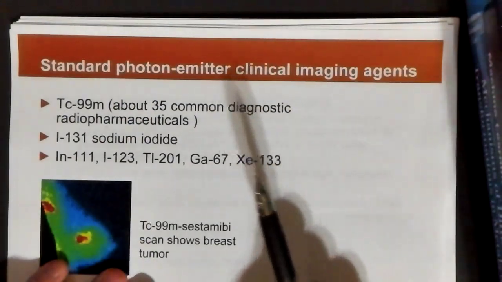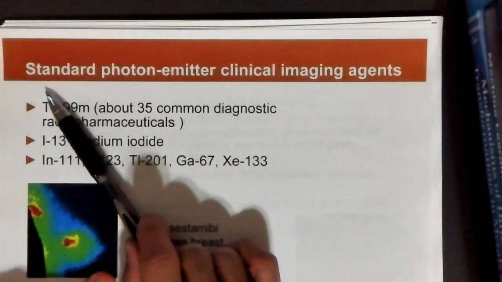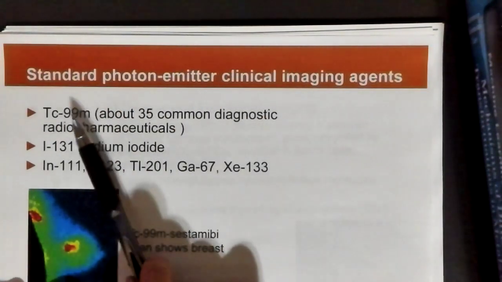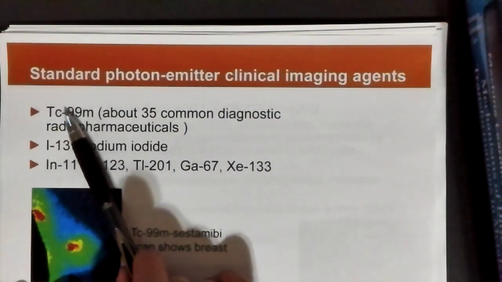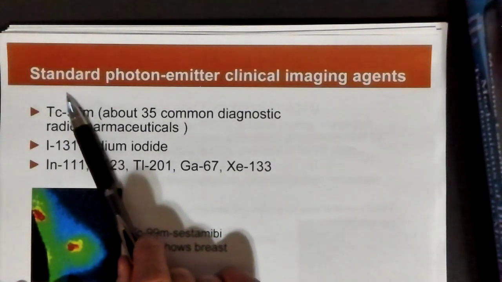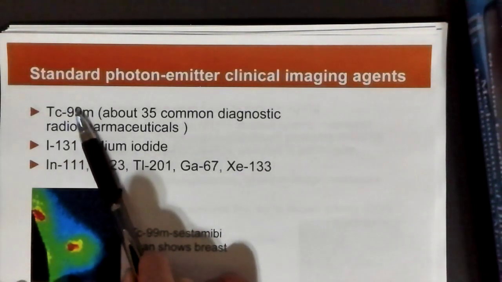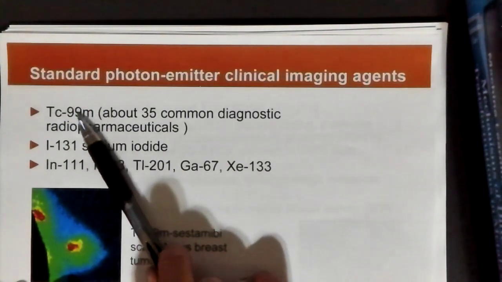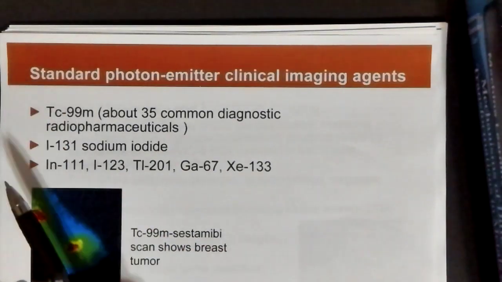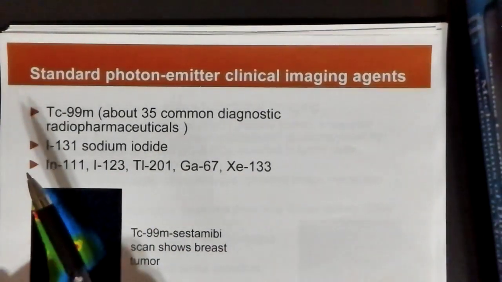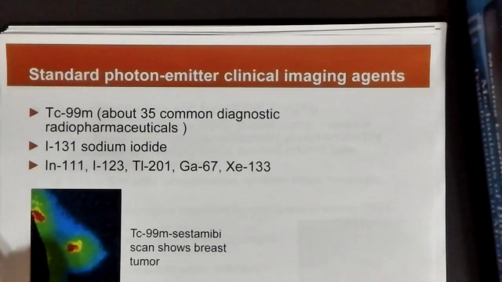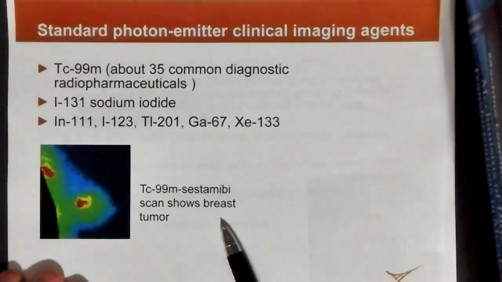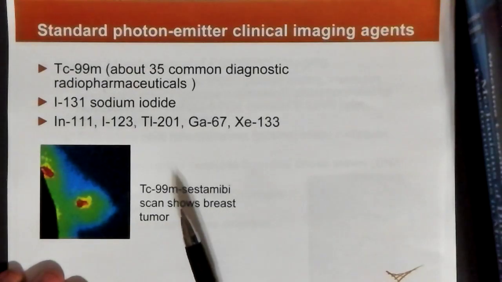Okay, so now here are some of the gamma ray emitters, the standard photon emitters that you can have for imaging. And we talked about molybdenum-99, which beta decays into metastable technetium-99. And this then decays with a 6-hour half-life, is a gamma ray emitter, and then it can be used for imaging, like you see in this nice picture showing a breast tumor.